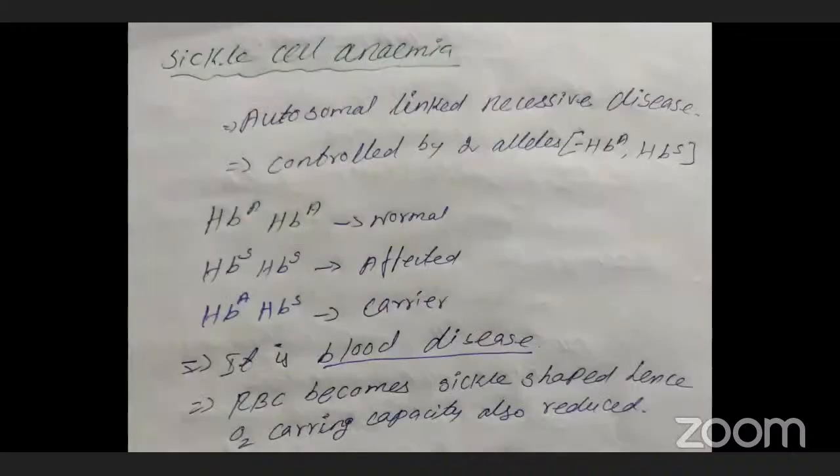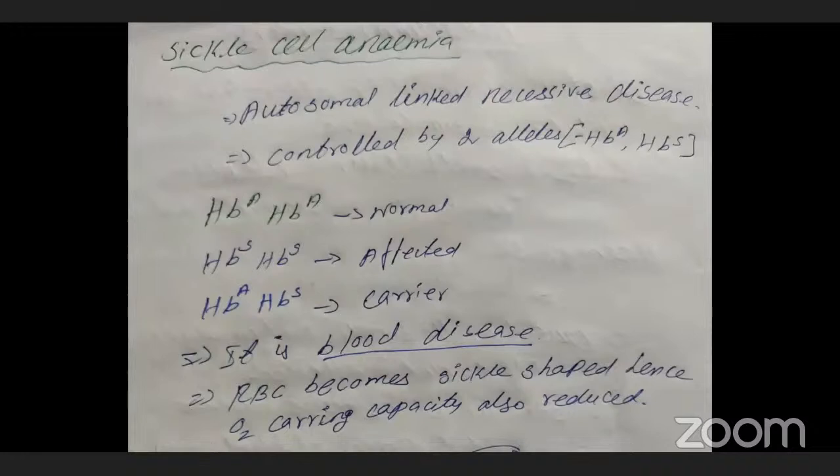Sickle cell anemia is an autosomal linked recessive disease. I think we already discussed it in the earlier topic of the inheritance and variation chapters.